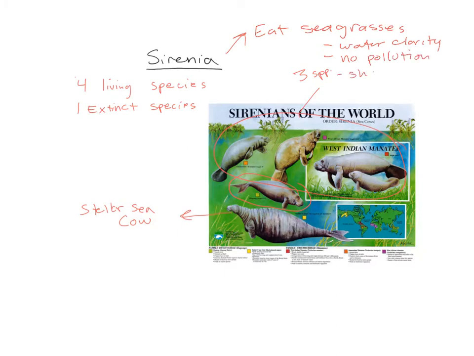And shallow water. And if you don't have those things, then the seagrasses won't grow, and then you won't see these manatees or sirenians that live there.